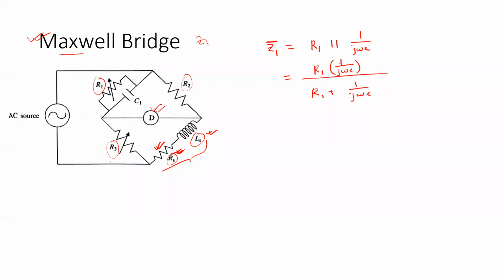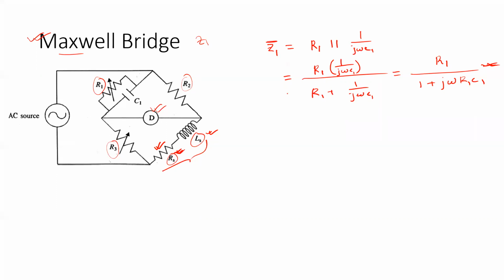we can multiply both the numerator and the denominator with j omega C1 so that we can further simplify this expression. In the numerator we'll have R1, and in the denominator we will have 1 plus j omega R1 C1. Now, if we put this expression directly in the balance condition, it will be difficult to simplify in terms of RS and LS.